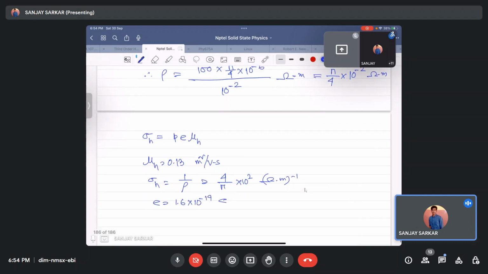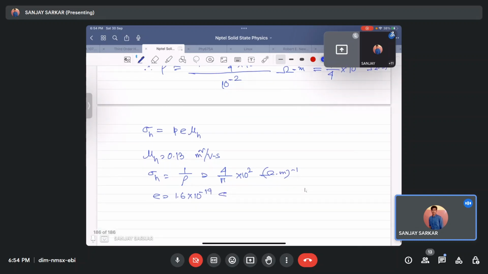So if you put all of them, then you will get that P is equal to sigma H by e into mu H, which is equal to 4 by pi 10 square into e is 1.6 into 10 to the power minus 19 into mu H, which is 0.13 meter cube inverse.